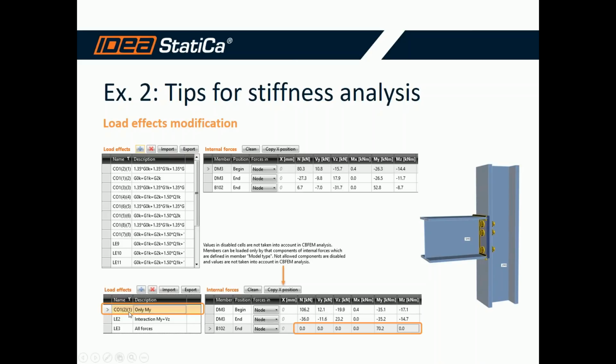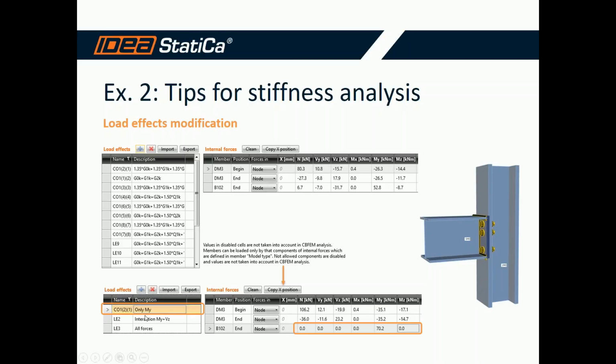Afterwards, create a copy of this extreme load effect combination, and we will change it a little bit. One combination will be in a way that in one load effect there is only the bending moment My.